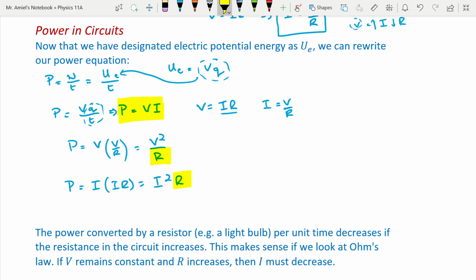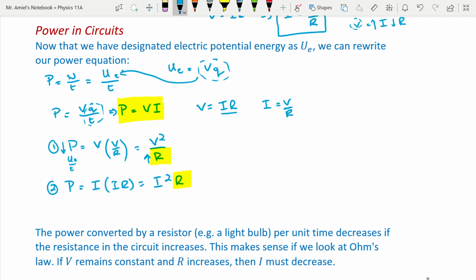Now you might want to stop right there and say, well, hold on a minute. If we look at these two power equations and we look at the relationship with the resistance, in this first equation, it looks like we've got an inverse relationship such that if we increase the resistance, we are going to decrease the power. Okay, so this is our amount of potential energy per time that our circuit is able to produce.